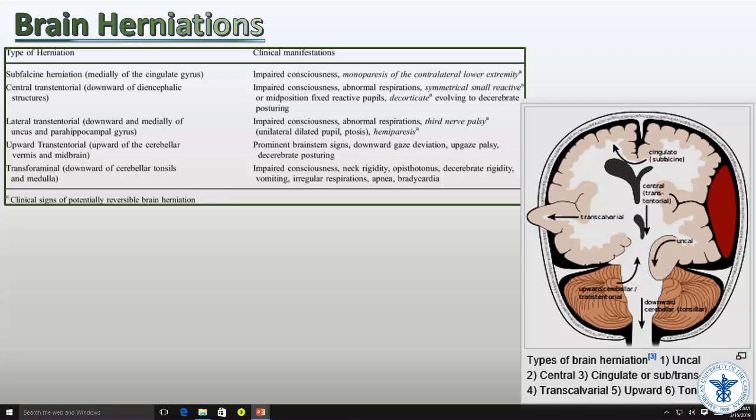Okay, so a tonsillar herniation can be acute or chronic. Everything else is usually acute. And then if you have a mass in the posterior fossa here with hydrocephalus, and sometimes we put in a shunt or a tube to divert the CSF outwards, you can have this mass push the cerebellum upwards. That's called the upward herniation. Extremely rare. You can just be aware of it. We probably won't be tested on that.